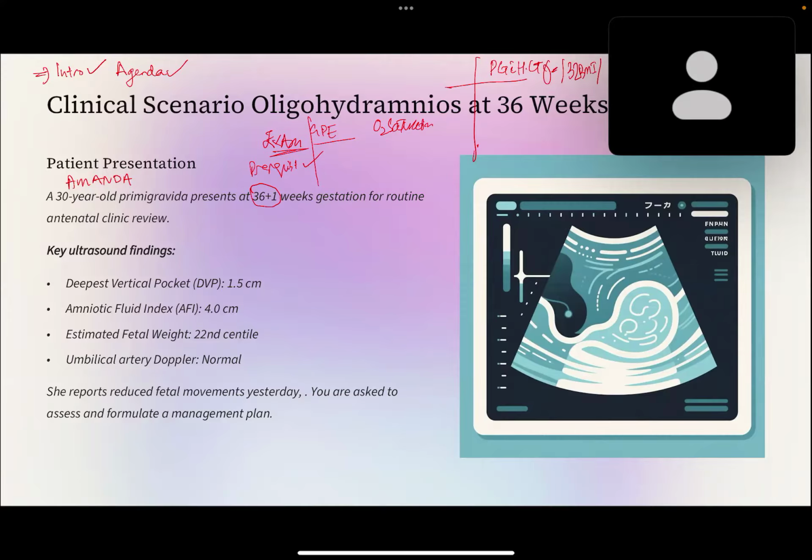So I would check the lie, the fetal heart rate, as she has reduced fetal movements, and the presentation of the baby as she's 36 plus 1 week. She does not have any active vaginal complaints, so I would defer the speculum or vaginal examination.